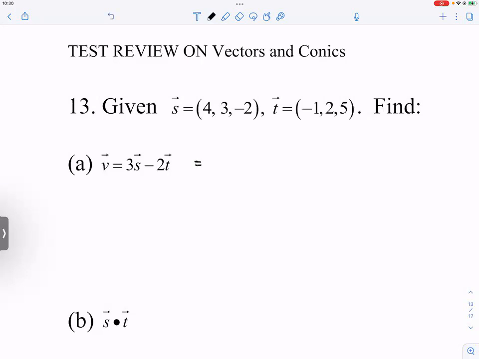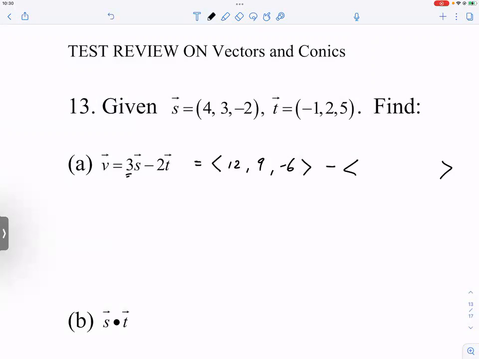Now, what we do, okay, so we say, all right, so 3s minus 2t. The 3 in front of s means that you will multiply the numbers inside the s by 3. So the 4 becomes 12, 3 becomes 9, and negative 2 becomes negative 6.